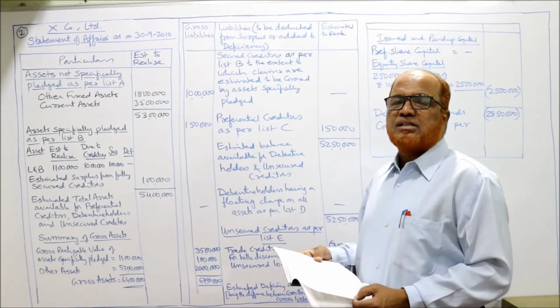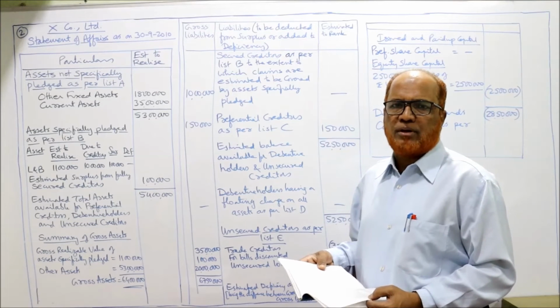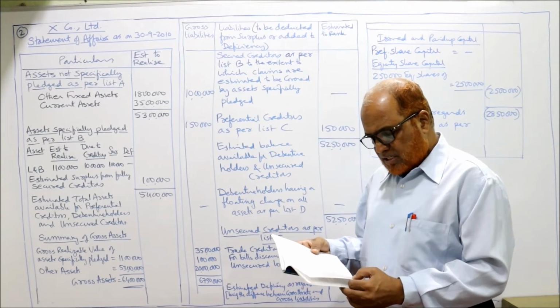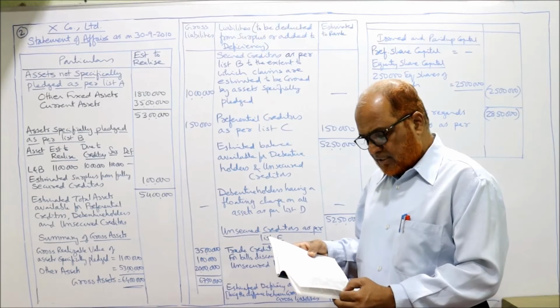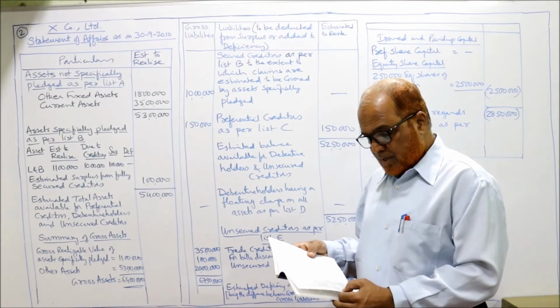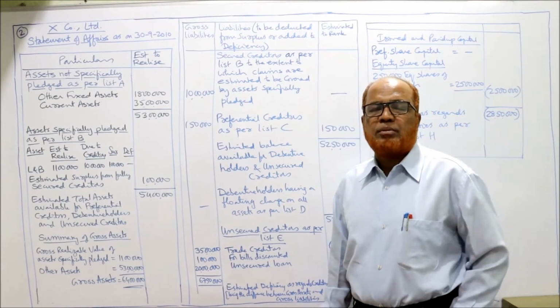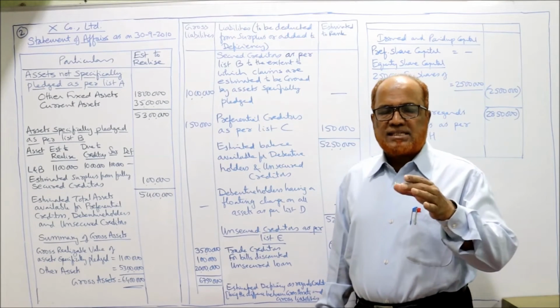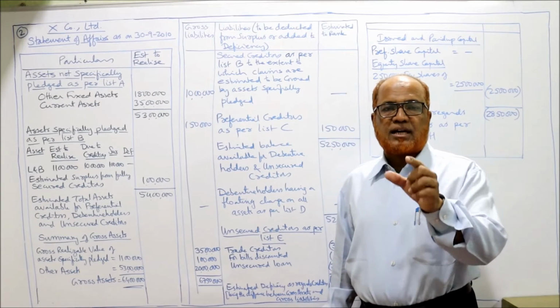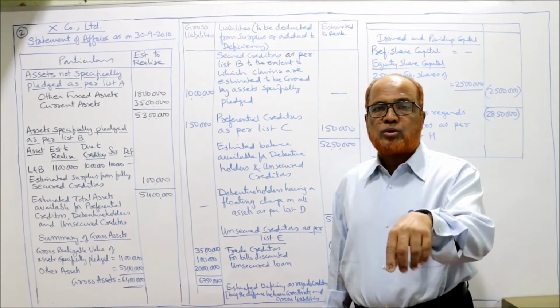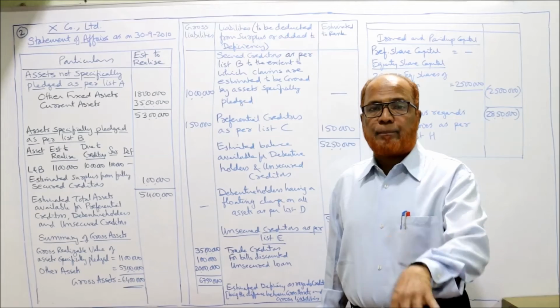Actually, contingent liability means conditional liability, not an actual liability. But when it is given that on investigation it is found that contingent liabilities are certain to devolve and that assets are likely to be realized as follows, actually contingent liability should not be considered, but it is expected that contingent liability is actually going to happen.